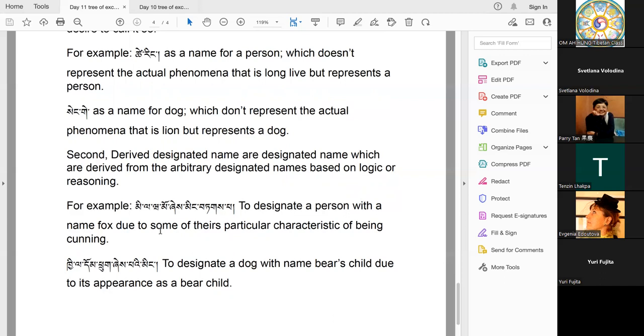And then for some dogs, we call them tomchuk. Tomchuk means a bear cub. So sometimes certain dogs may have fur and physical features quite resembling that of a bear cub. In those cases, we may call them tomchuk, and it's a reasonable and logical thing to do.